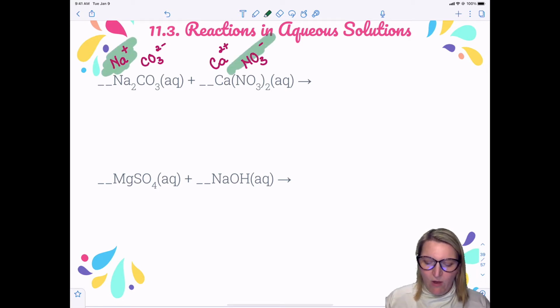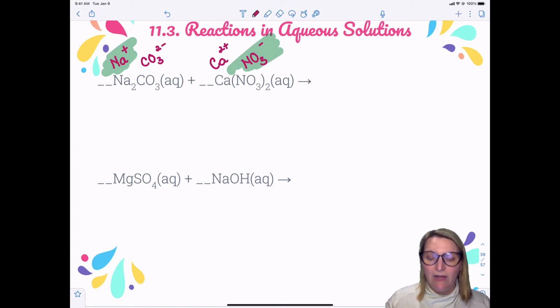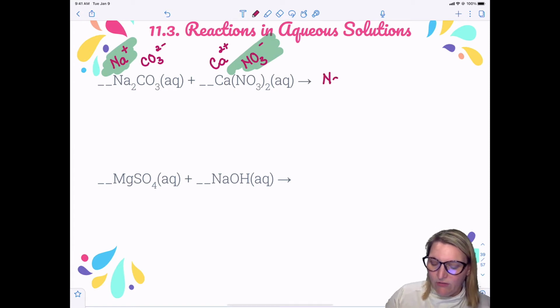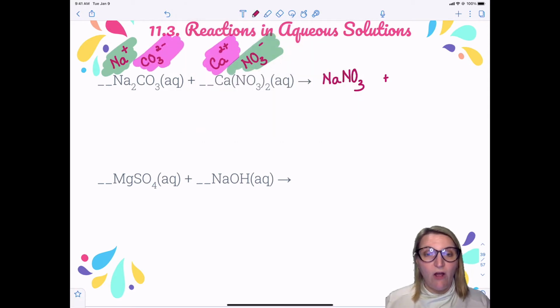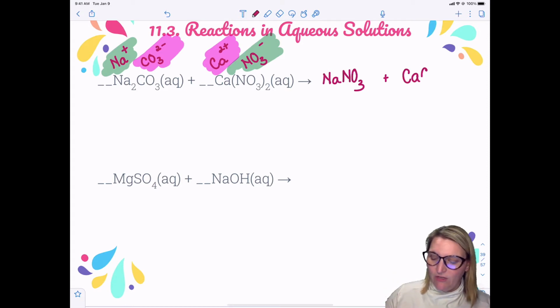Now, positive of one, negative of the other. So this would be sodium and nitrate, +1 and -1. So when I crisscross the charges, I just need one of each, NaNO3. And then for the other compound, positive of one, negative of the other. The positive ion always comes first, so I don't do CO3Ca, it's going to be CaCO3, and because it's 2+ and 2-, again, I just need one of each.